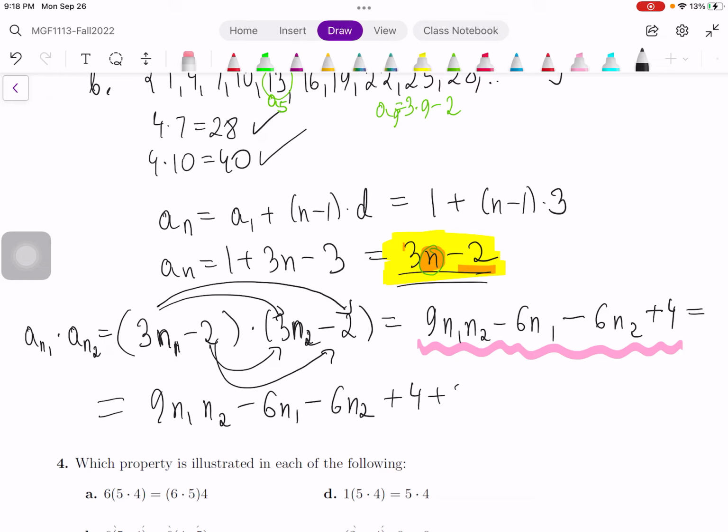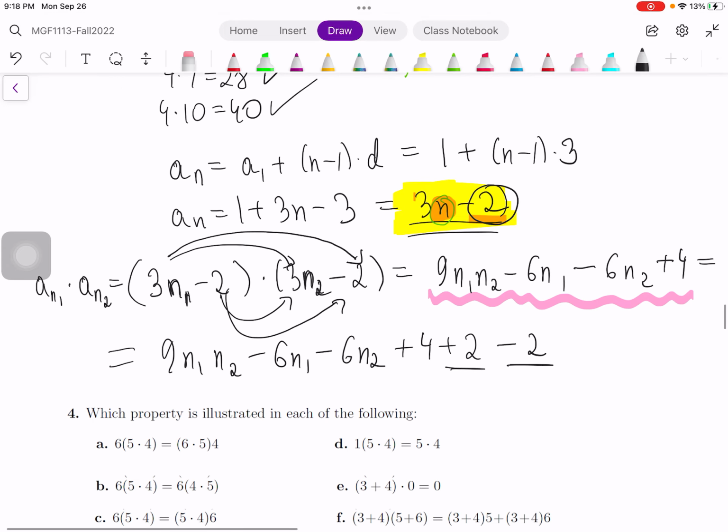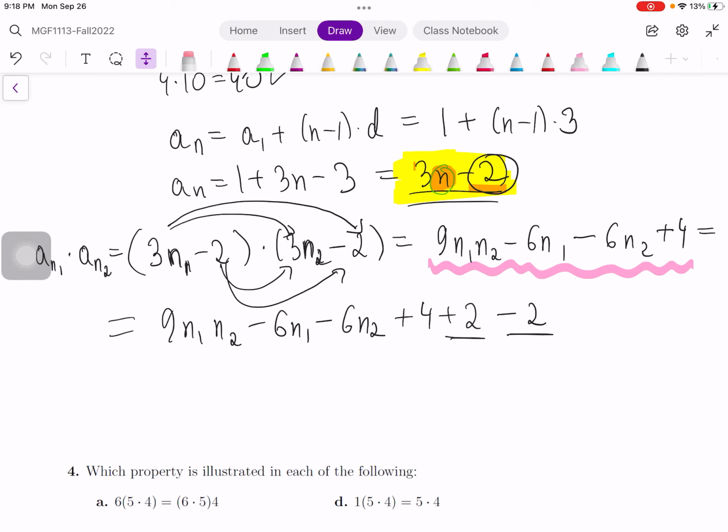Notice I add and subtract 2, because first I'm creating this minus 2, but I cannot just create a minus 2, I have to counteract it with a positive 2, otherwise I haven't really changed anything. So combined, I have 9 n1 n2, minus 6 n1, minus 6 n2, plus 6, minus 2.